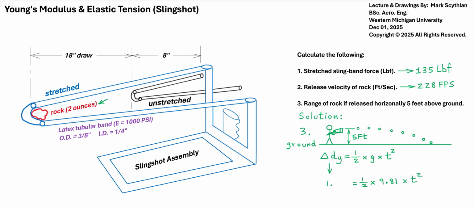So then we get 1.524 meters, half of gravity, and then times t squared.